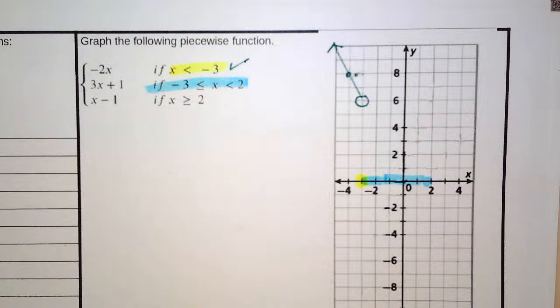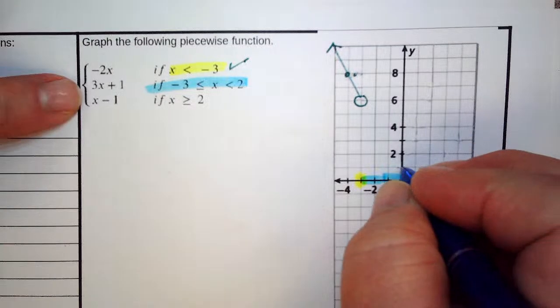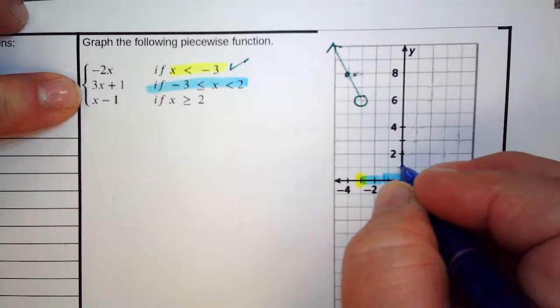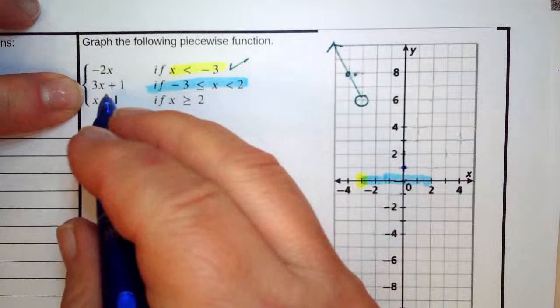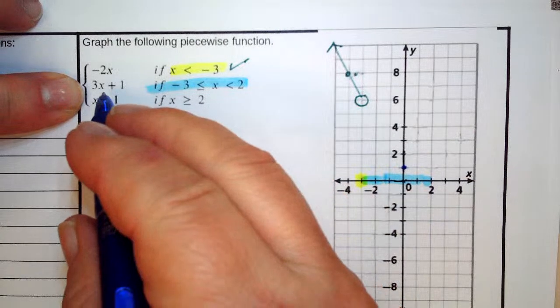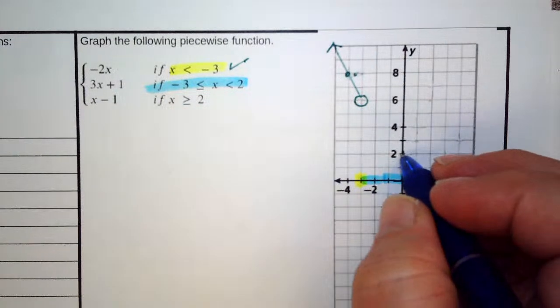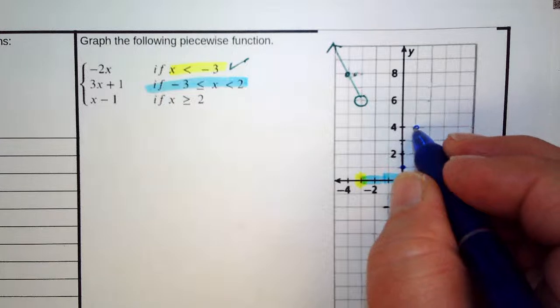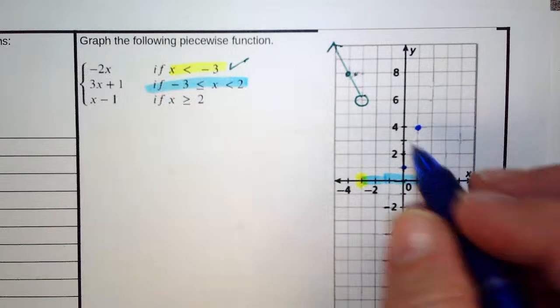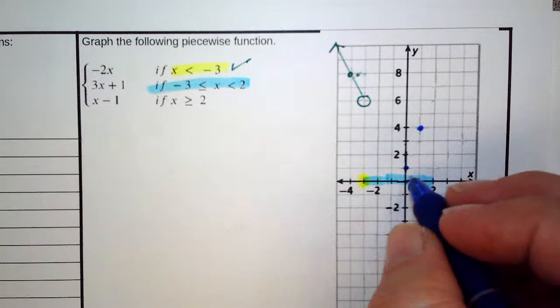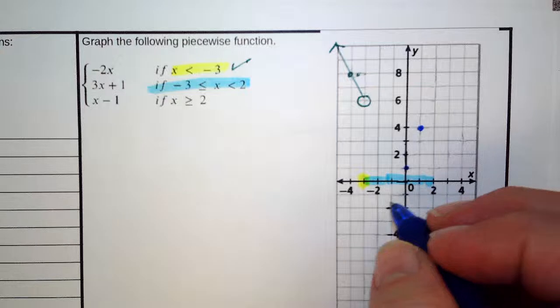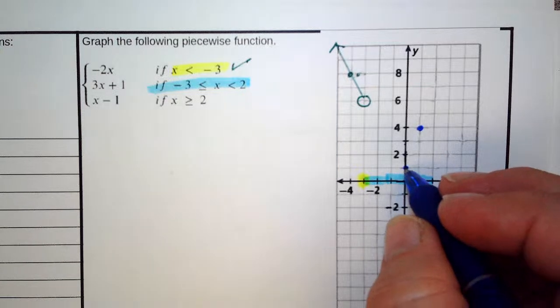So I know that I start at 1, and then I go, here's my first point, and then I go up 1, 2, 3, and right 1. There would be my second point. But I only start at -3. So I've still got to do more points.